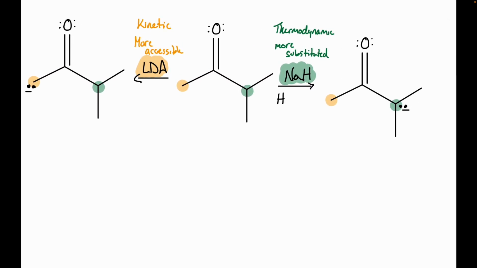So at high temperatures, we would want to use our sodium hydride. That would make that more substituted carbon even more efficiently. Whereas LDA we would use at low temperatures to even more specifically favor that less substituted carbon, our more accessible carbon.